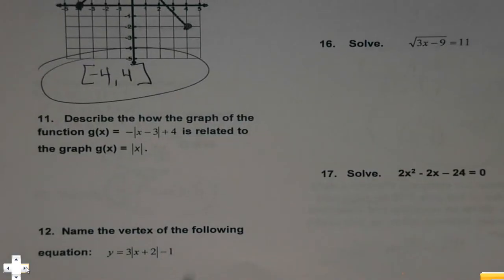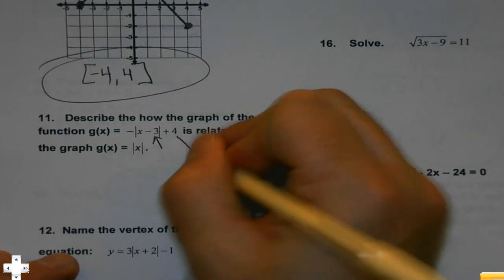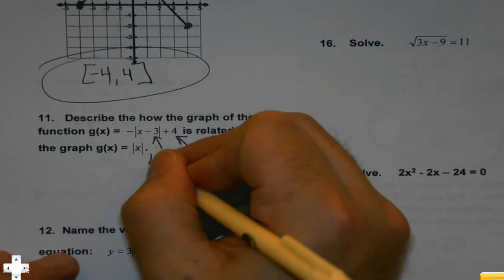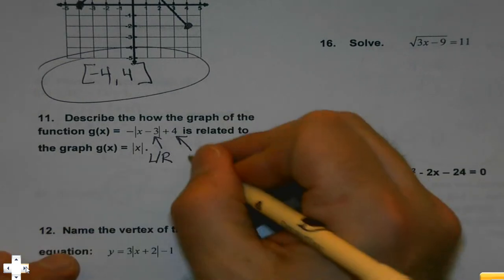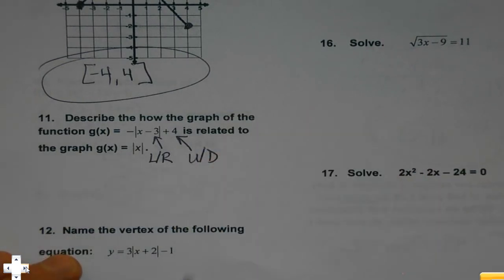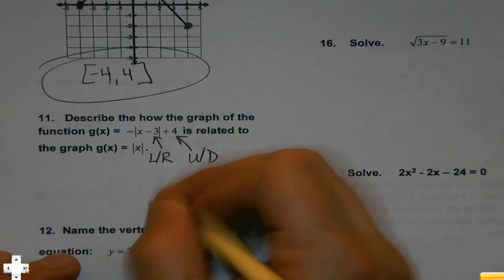11. Describe how the graph of the function is related to the graph. In other words, what are the shifts? What are the transformations? What does the -3 and the 4 mean? Remember, what's inside the absolute value is my left and right. What's outside is my up and down. But what's inside is always the opposite of what you would think.